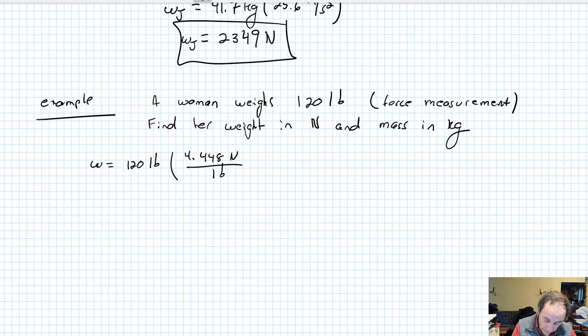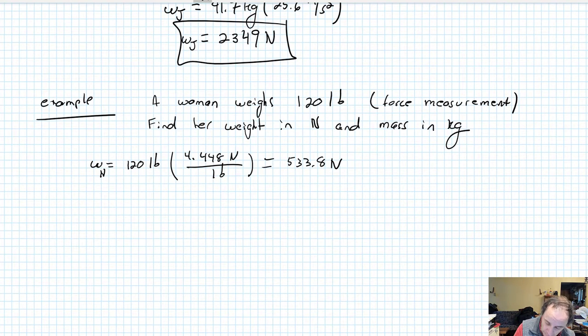So the weight in newtons, okay, is going to equal 533.8 newtons. Remember I said earlier that a newton is roughly a quarter of a pound, slightly less than that.